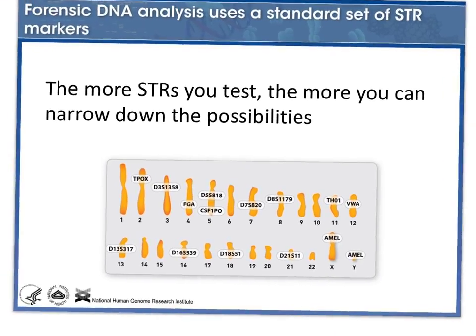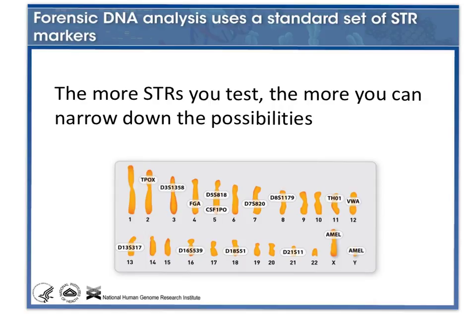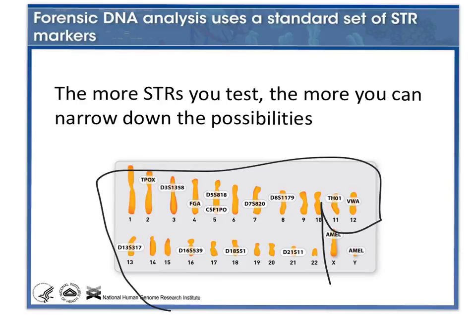In the past, the FBI used 13. And these are the 23 chromosomes, 22 that are identical, homologous. Right? And then the 6 chromosomes.